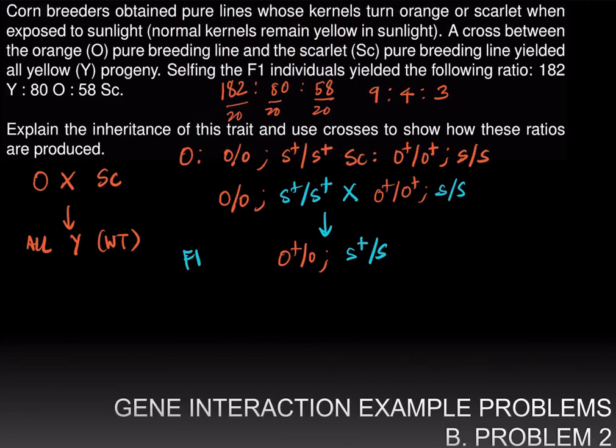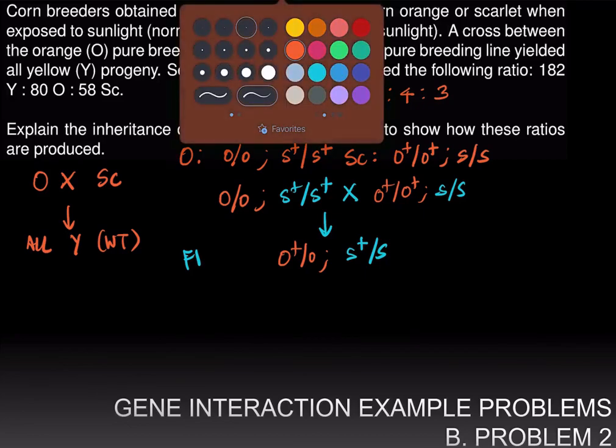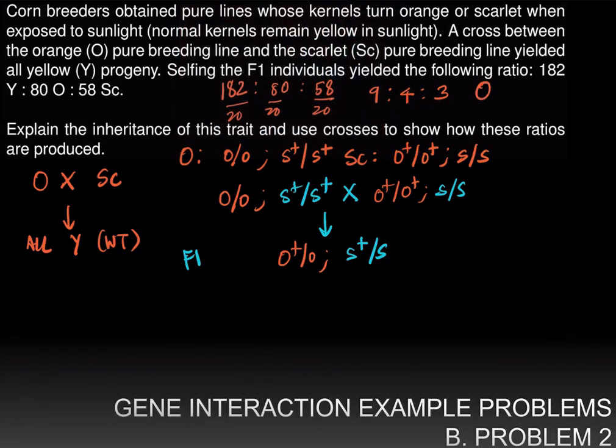Now, the ratio 9:4:3 suggests that we are looking at recessive epistasis here, and in fact, orange, that is little o, is epistatic to scarlet, which is little s.